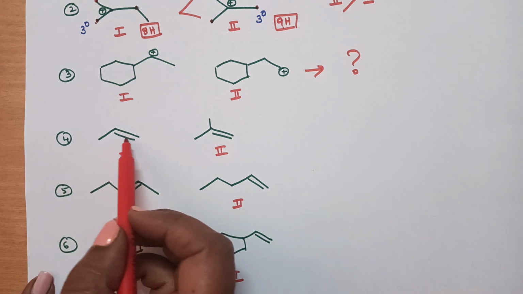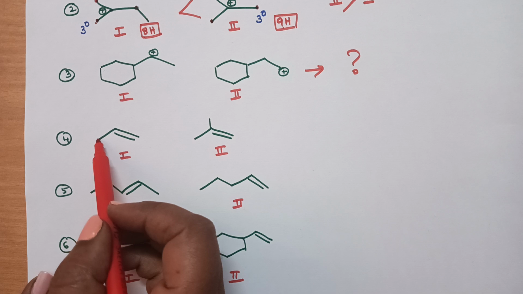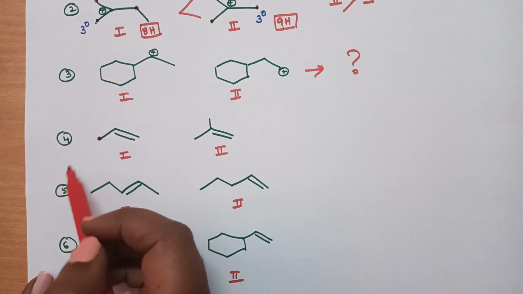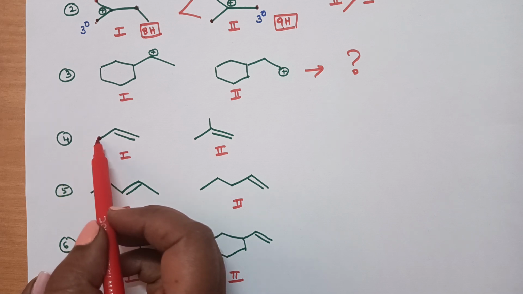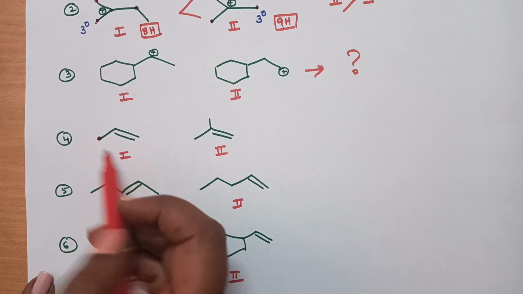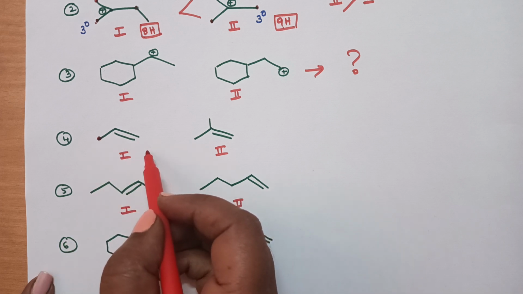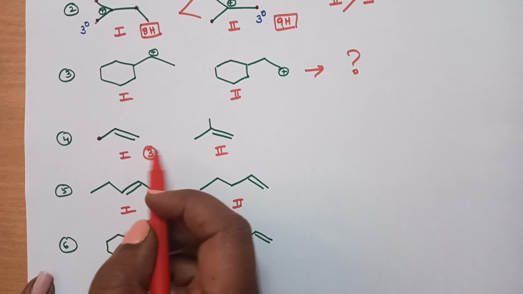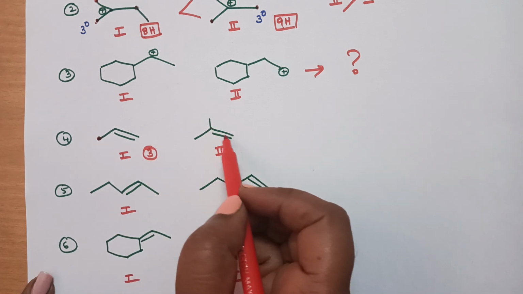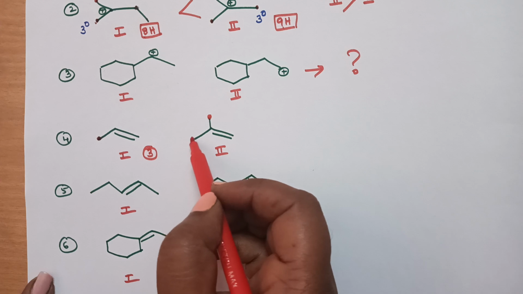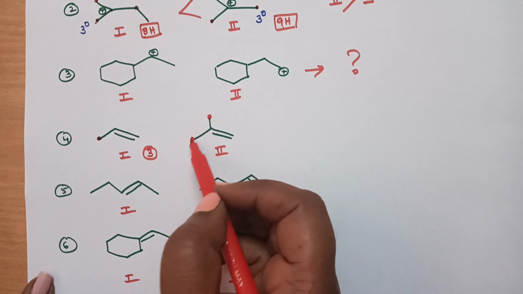So there is a double bond. To this double bond, you can see this carbon is attached. So to this carbon, how many alpha hydrogen atoms will be there? 3. So there will be 3 alpha hydrogens. Here the double bond, 1, 2. So 2 sp3 carbons are attached.